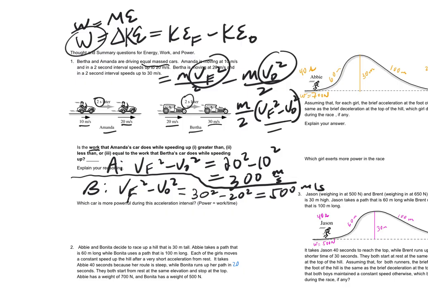So just looking at this equation right here, you can see that m over 2 is the same for both Bertha and Amanda. But Bertha has a bigger vf squared minus vo squared, which is 500 compared to Amanda's, which is only 300.